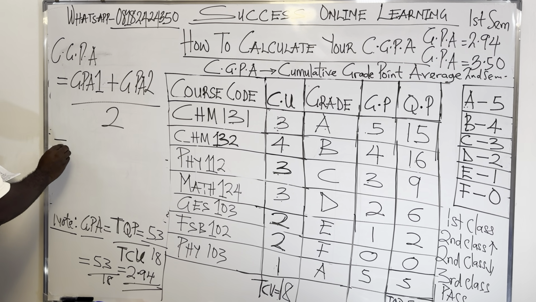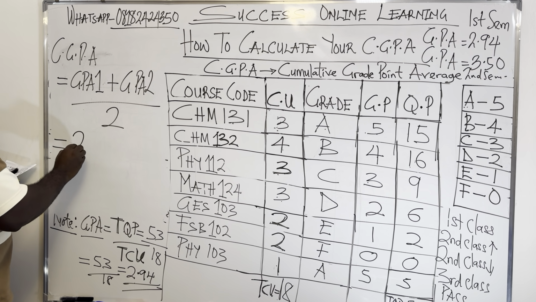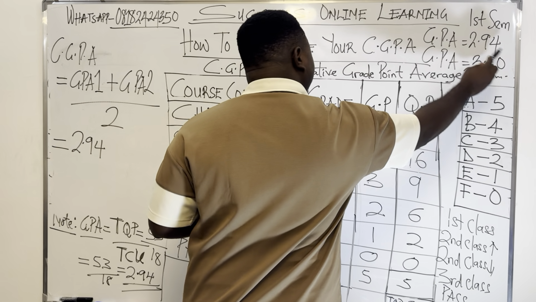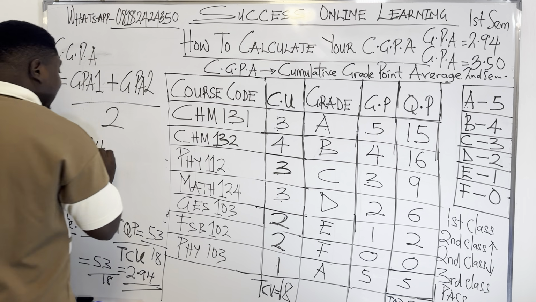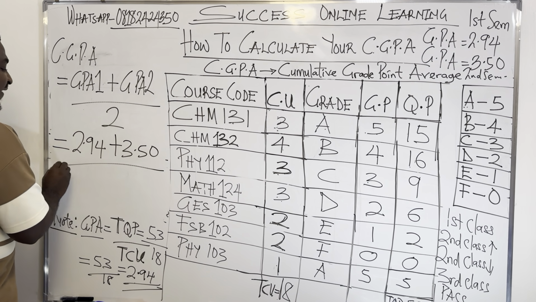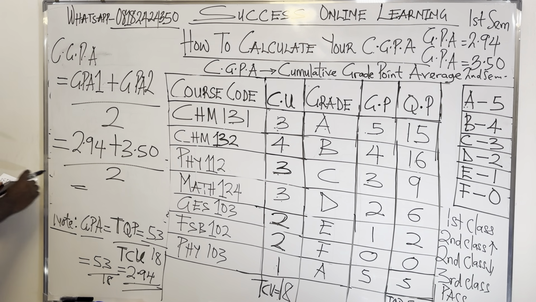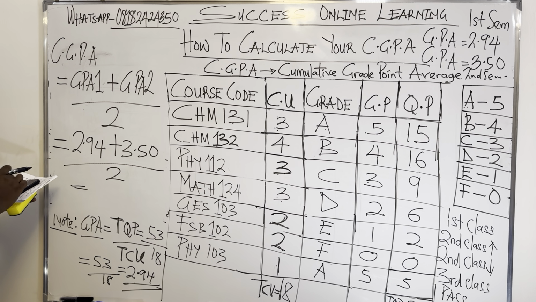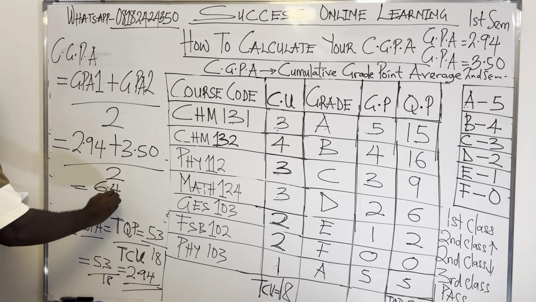So our cumulative grade point average now will be GPA 1, which is 2.94. Remember that's the first semester. And for the second semester, GPA 2 is 3.50. Then divided by 2. So we're going to say 2.94 plus 3.50 equals 6.44.